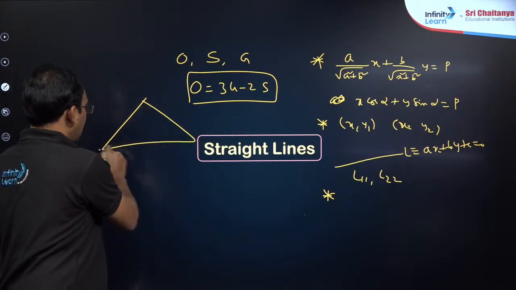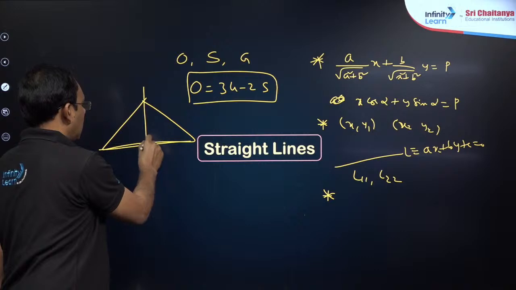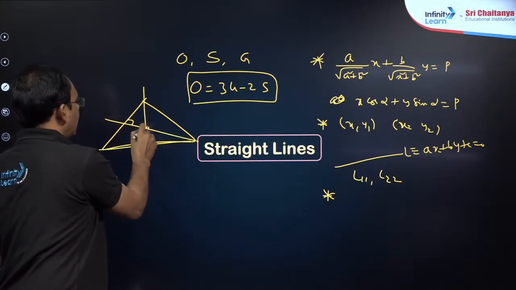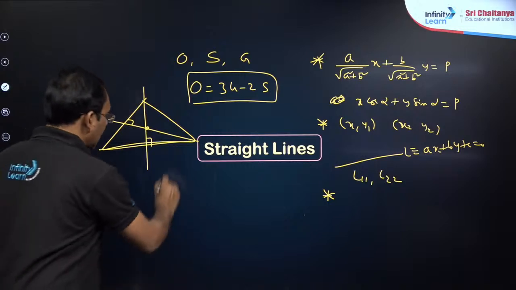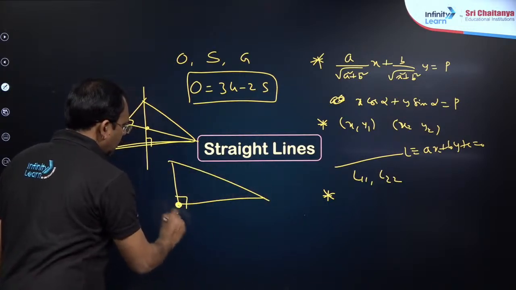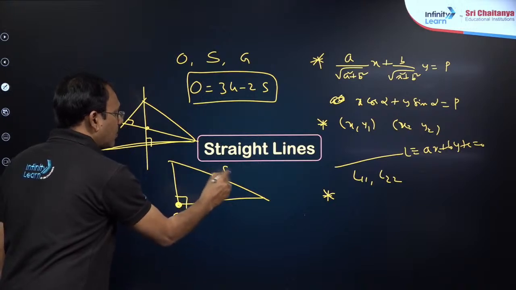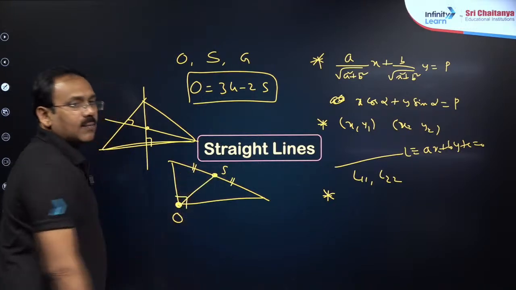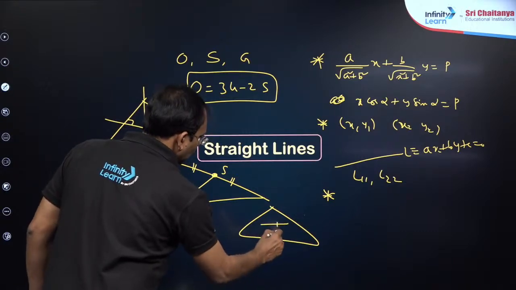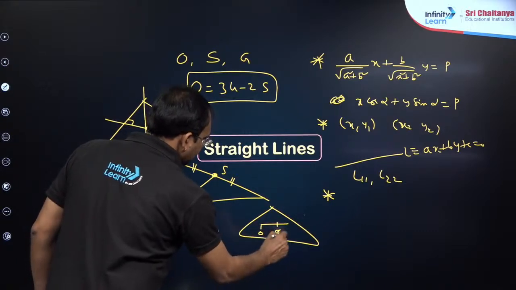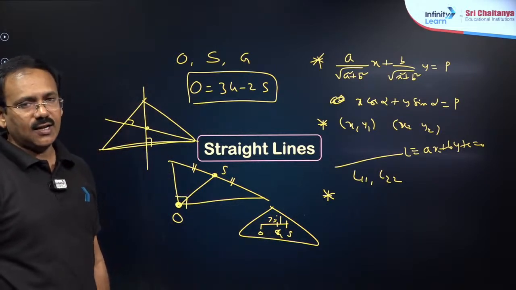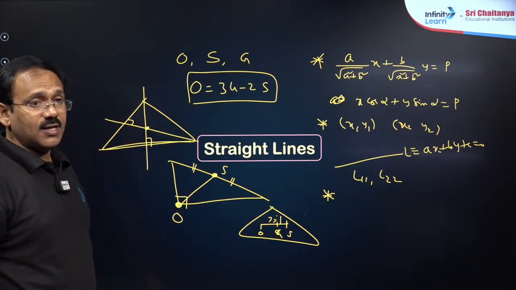In a right angle triangle especially, the orthocenter is the vertex containing 90 degrees and the circumcenter is the midpoint of the hypotenuse. These two are important. In any triangle, O, G, S will be collinear such that G divides OS in the ratio 2:1 internally.